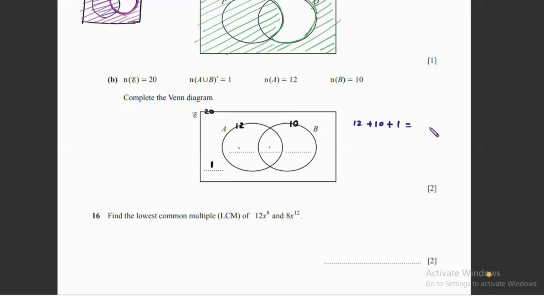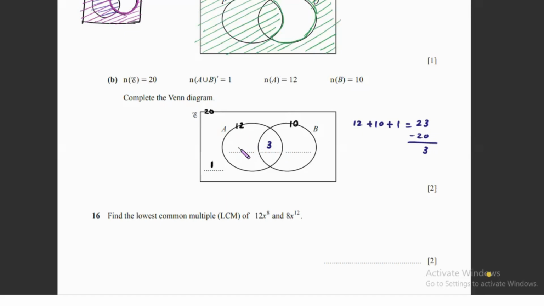When I add them up, it gives me a total of 23, but the actual total, the number of elements in the universal set, is 20. I need to deduct that 20 from this 23, which gives you 3. This 3 is the number that goes in the middle, in the overlapping region.